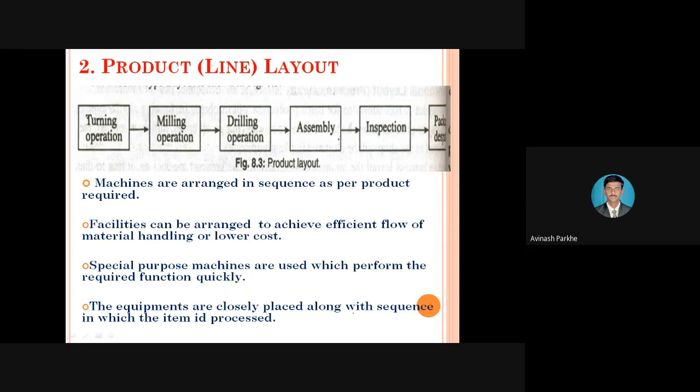If all the operations are performed on the second machine, again it will be moved to the third machine. So whatever distance I have kept between machines 1 to 2, 2 to 3, 3 to 4 is also very small, or all the machines are very close to each other.